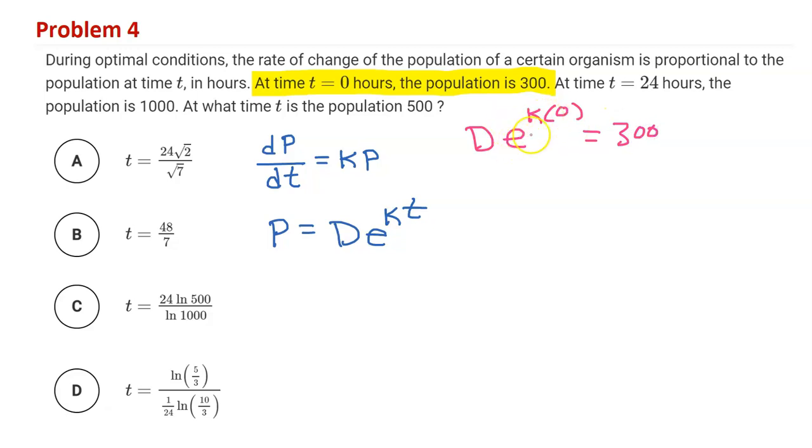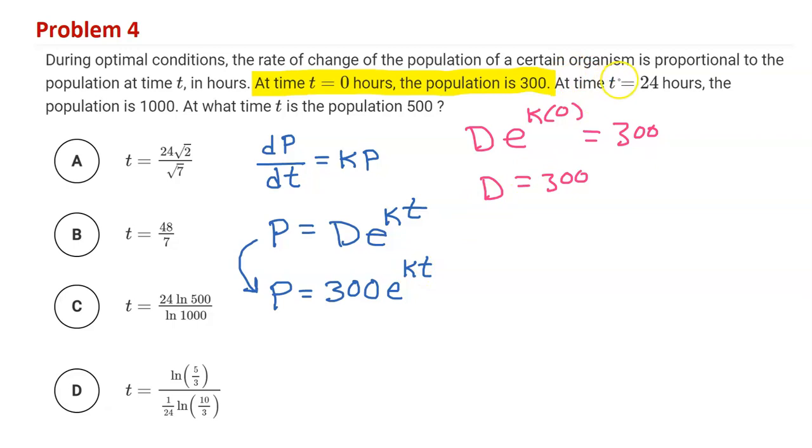E to the 0 power is 1, so that tells us that d is equal to 300. So our population equation levels up and becomes P equals 300 times e to the kt. We still need to find k.